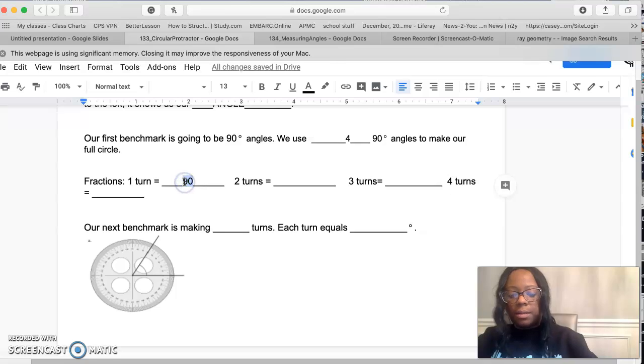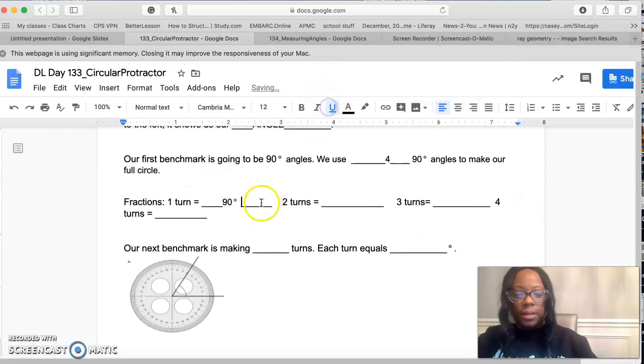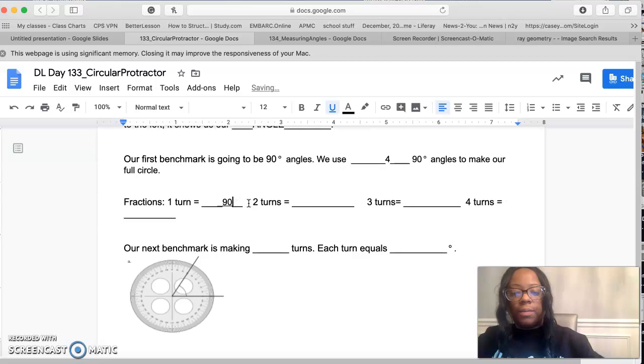Copy that, underline that. Our second turn would be, let's see if we can figure it out. If we add 90 degrees plus 90 degrees, what would our second turn be? I'll give you a chance to figure it out.